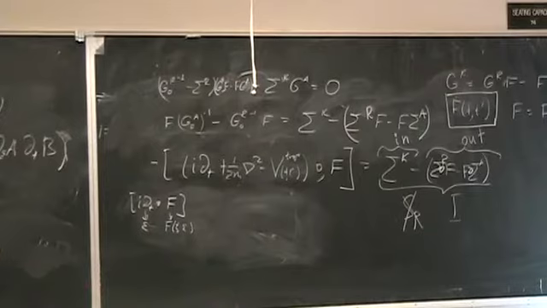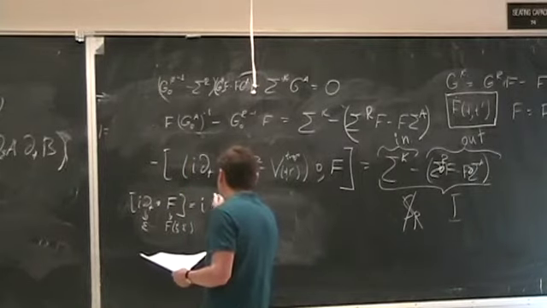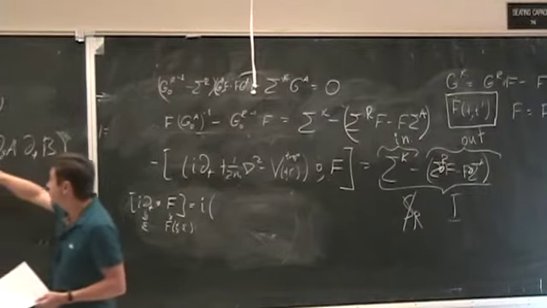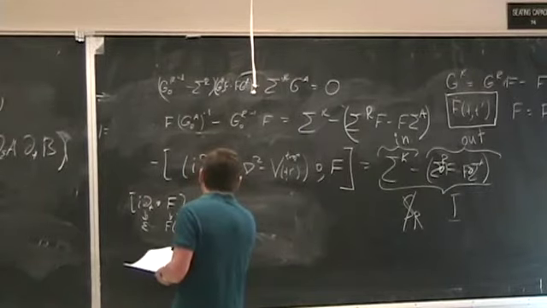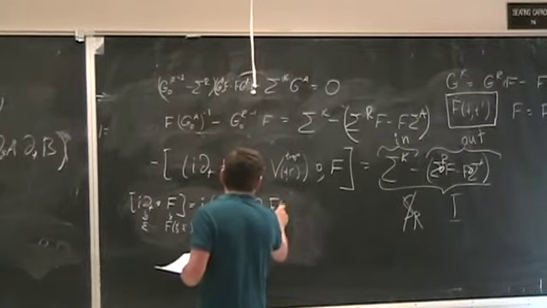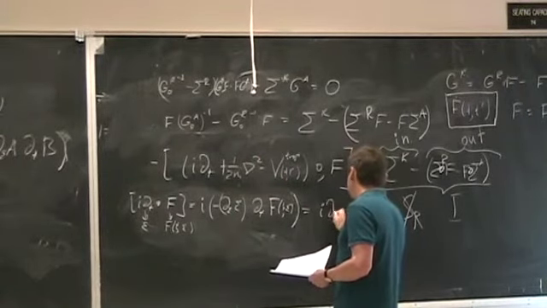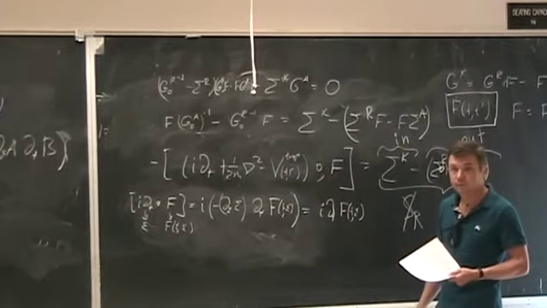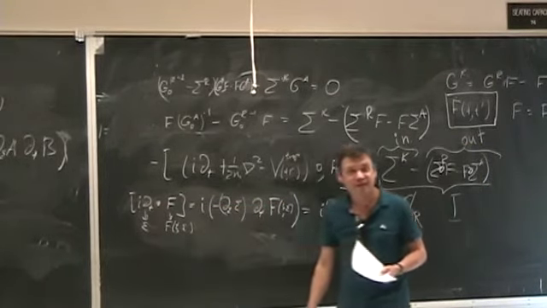And now I apply this, so epsilon does not depend on t. So this term is not there, so only this term is there. So I have minus d epsilon of epsilon, and then dt of f of t and epsilon. So surprise, surprise, what I get is i dt of f of t and epsilon.